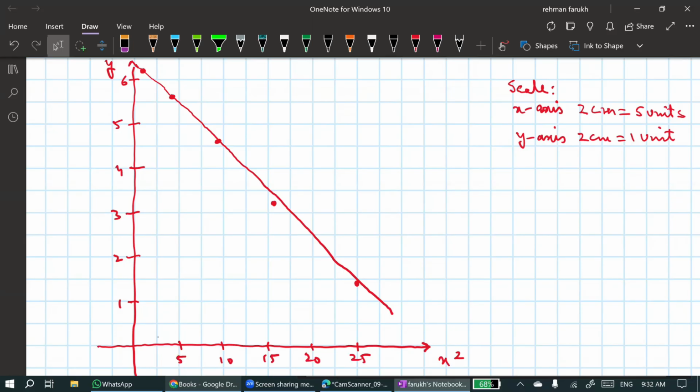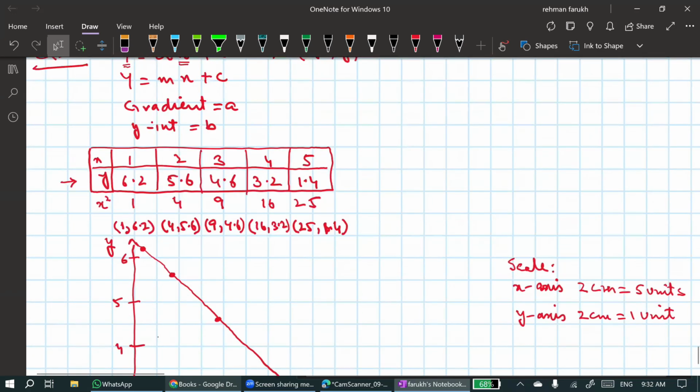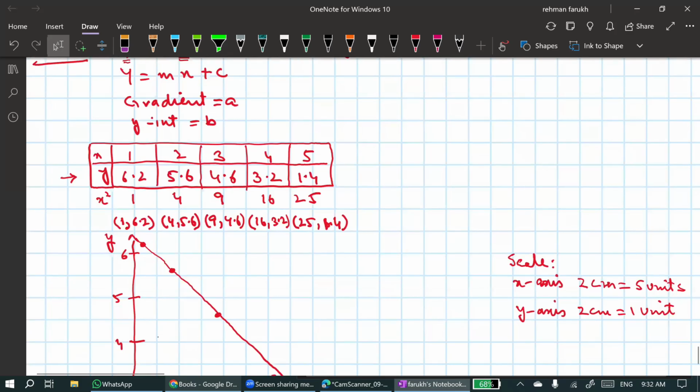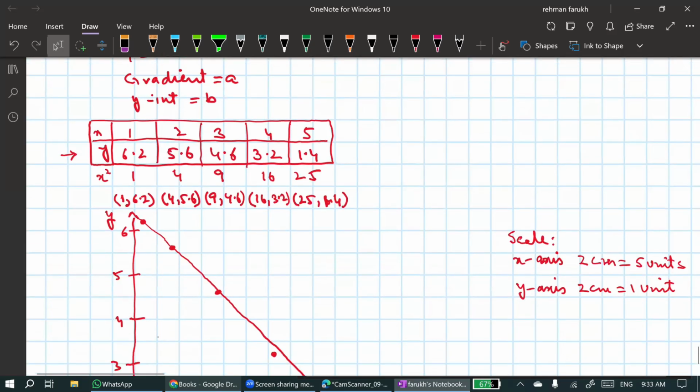No, sir. Okay. Now we want to find out the values of a and b, as we know that the gradient is a and the y-intercept is b. Now we will use the points which are exactly on the line to find out the value of the gradient and the y-intercept.